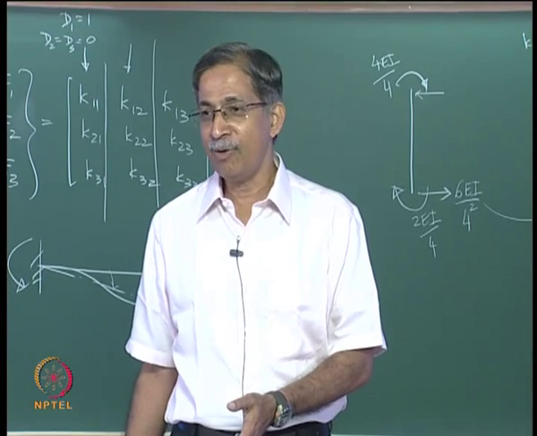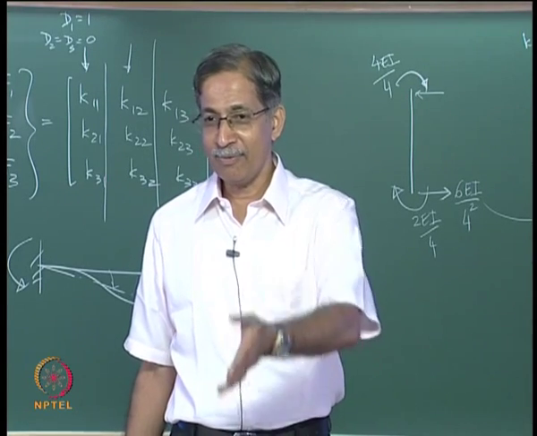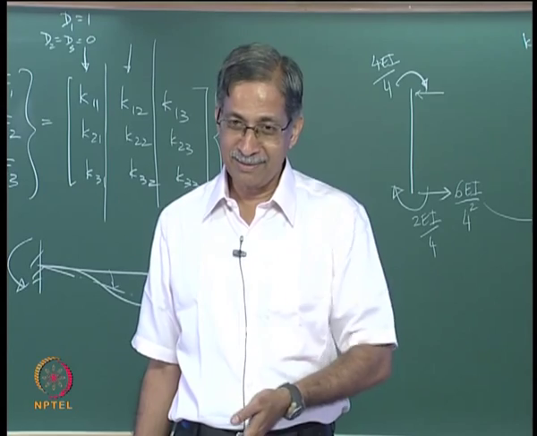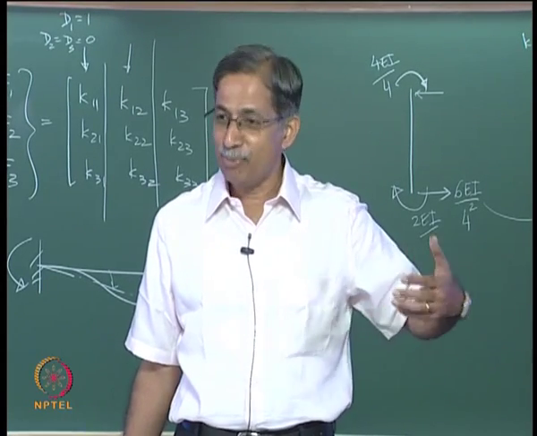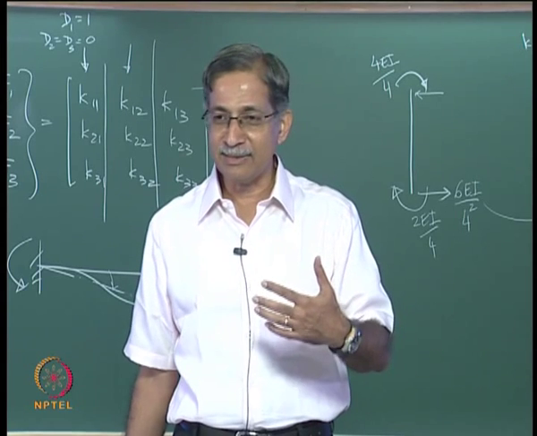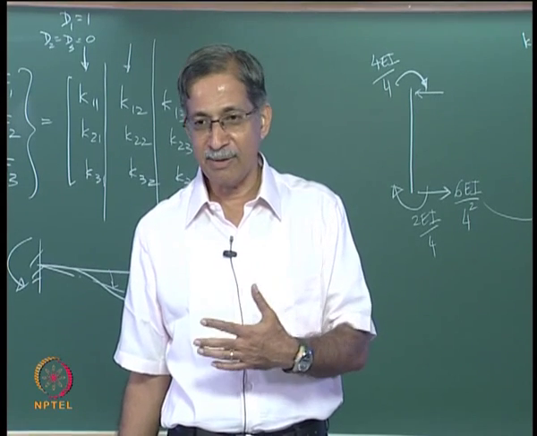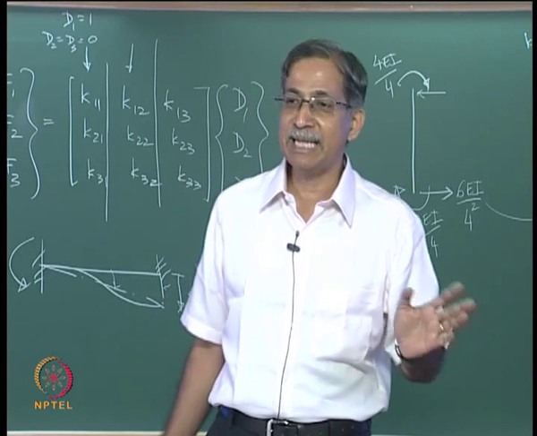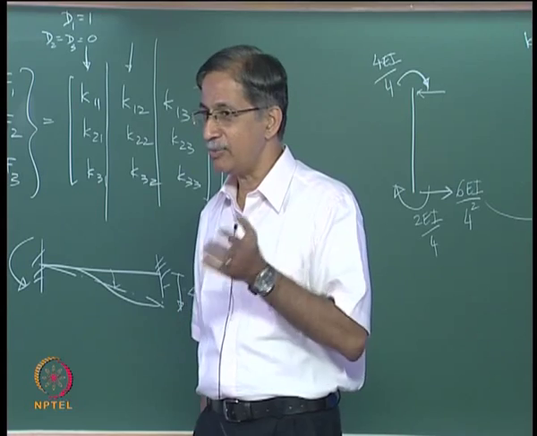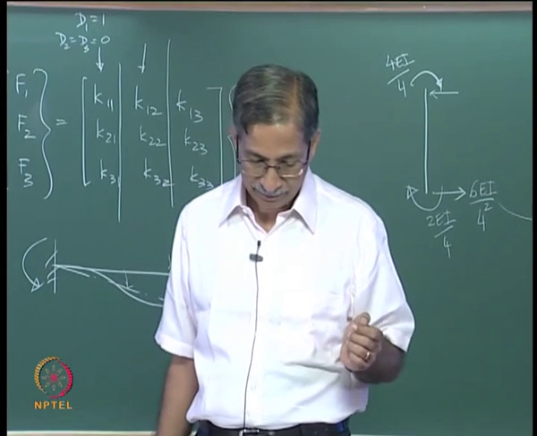If I kick a football to the front, it's not going to come back. You understand? So that's what all the diagonal elements are doing. I am pushing it in the same direction as the identified positive degree of freedom, so it has to be positive. Don't break your head over it. The off diagonal elements can be negative or positive. Diagonal elements will always be positive.